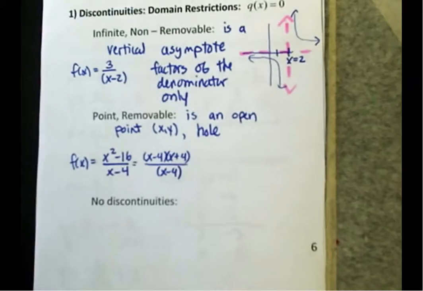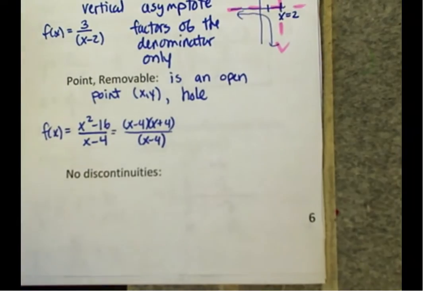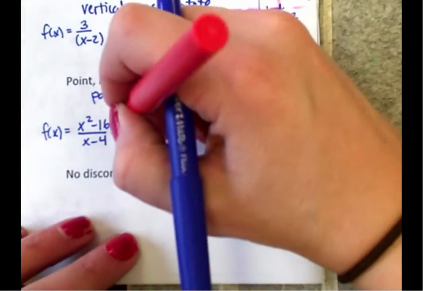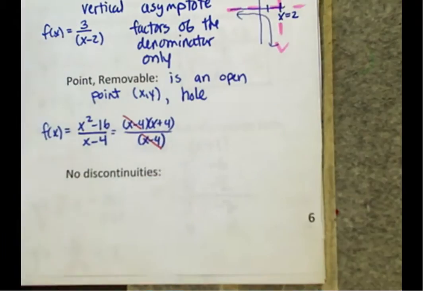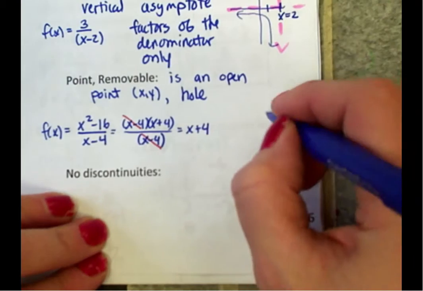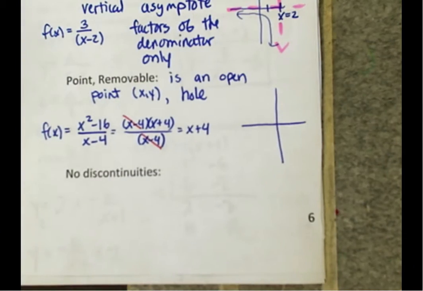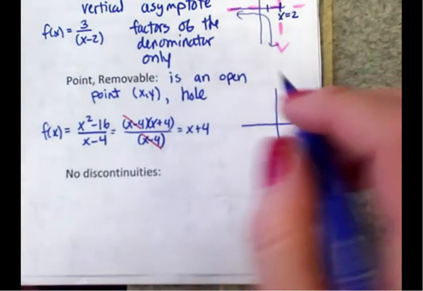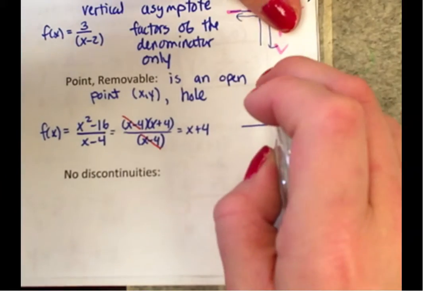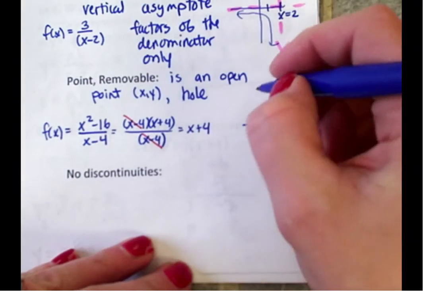Notice that the x minus 4 cancels out. So I'm going to cross it out, and I am left with x plus 4. And we're going to draw a graph so I can show you what a hole would look like. Isn't that just a line? It is just a line.